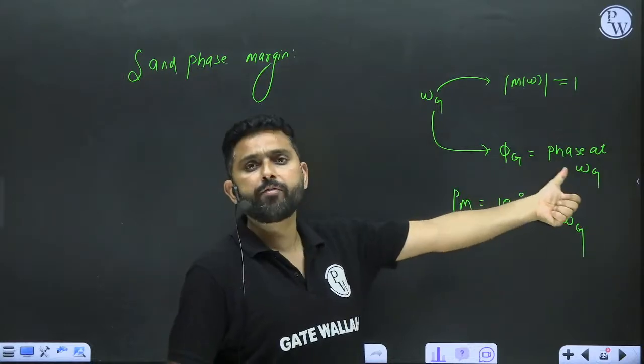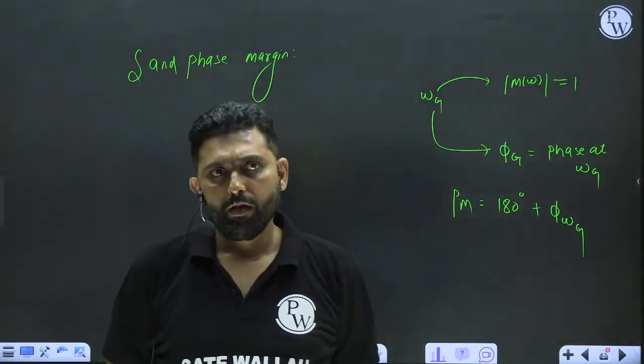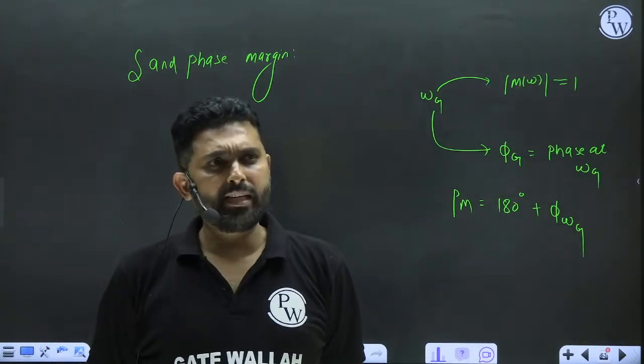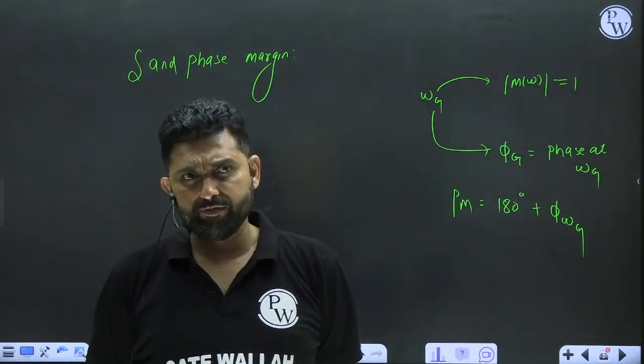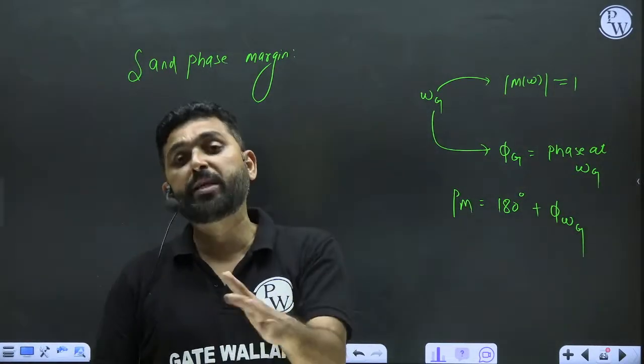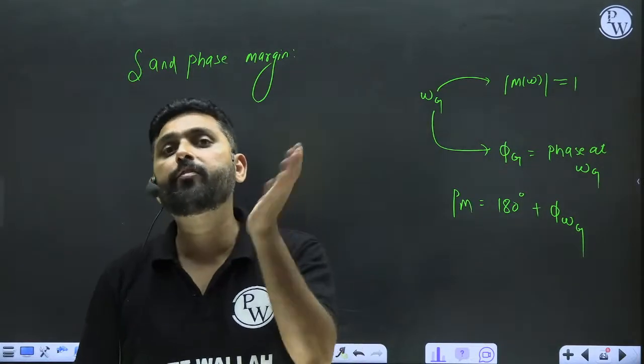Phi g is the phase at omega g. Add 180 degrees, you will get this. Can you derive the relationship between zeta and phase margin? I think in 2015 they asked an objective type question on how zeta is related to the phase margin.